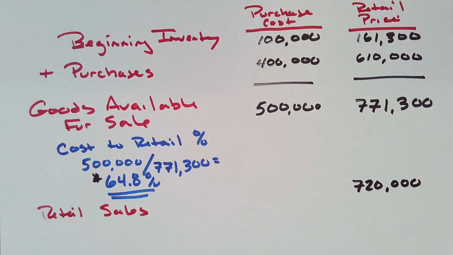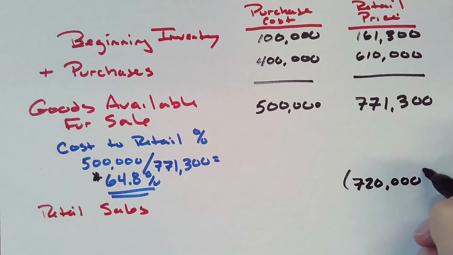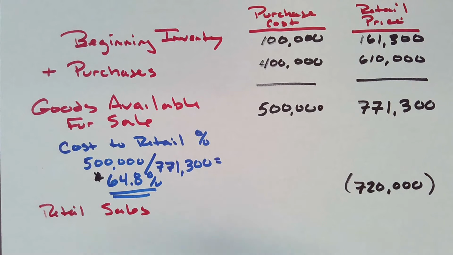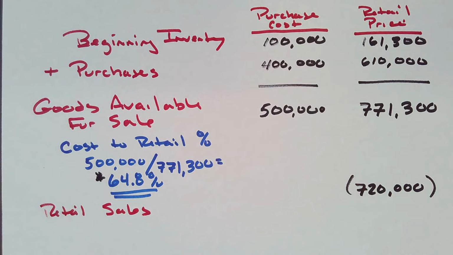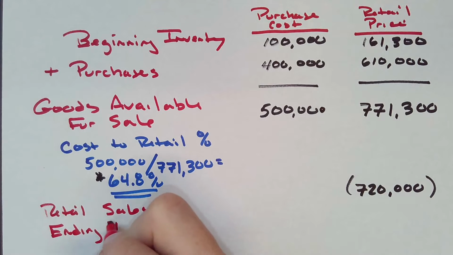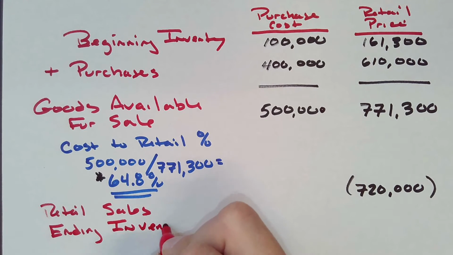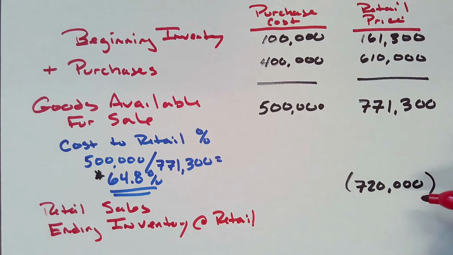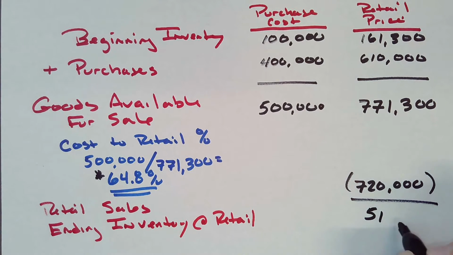Keeping it simple, right? So my ending inventory at retail prices is the 771 less the 720, or 51,300.